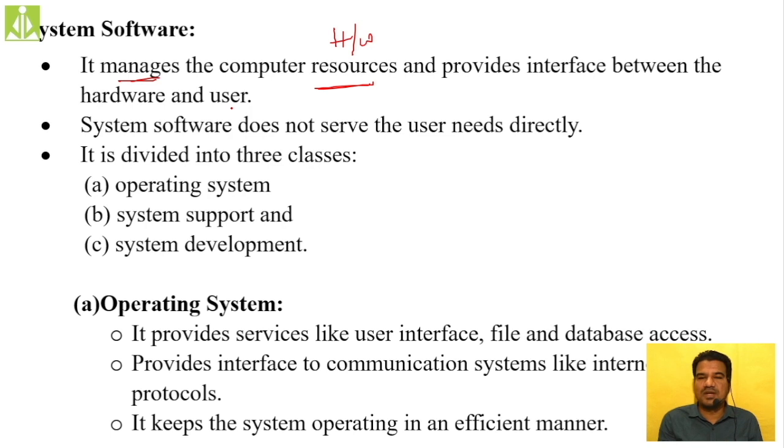All those communication systems and protocols will be supported by your operating system only. Then running your computer in an efficient manner is the responsibility of your operating system only. So these three services or responsibilities we have given to the operating system.